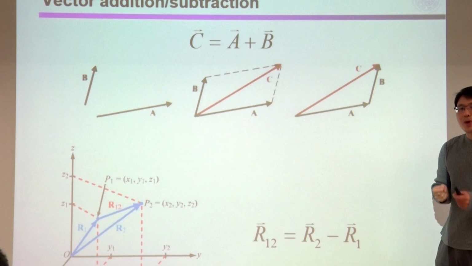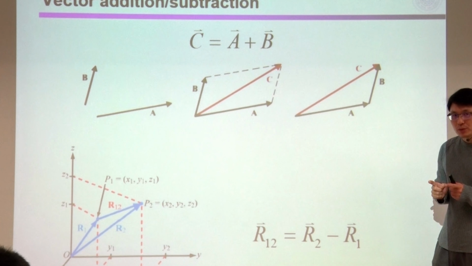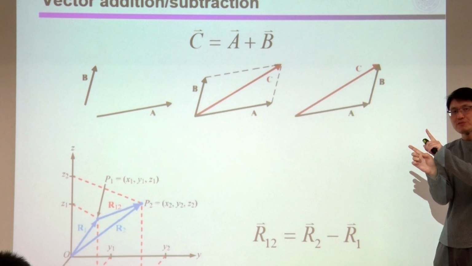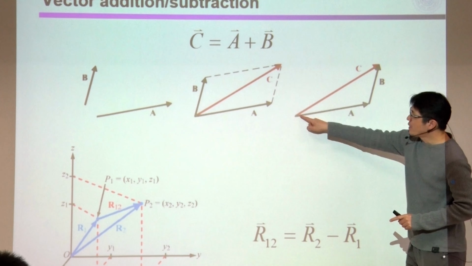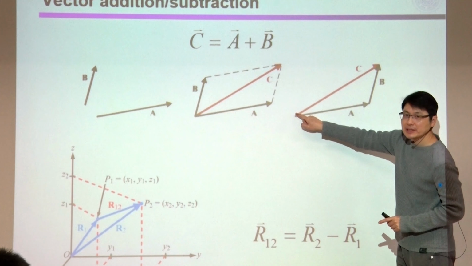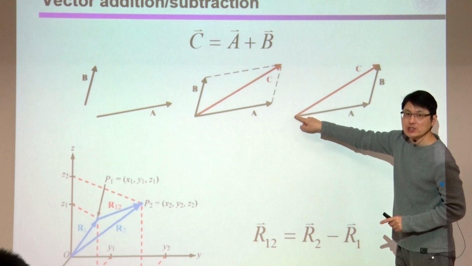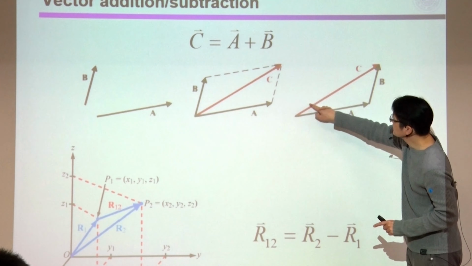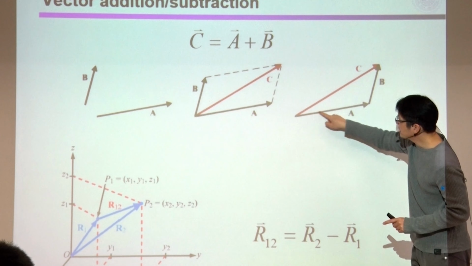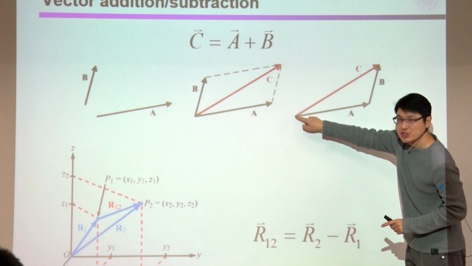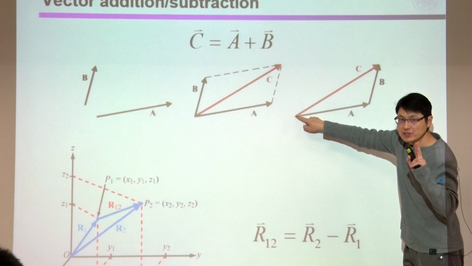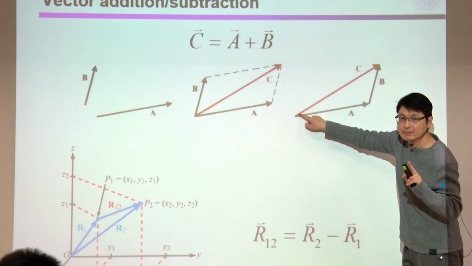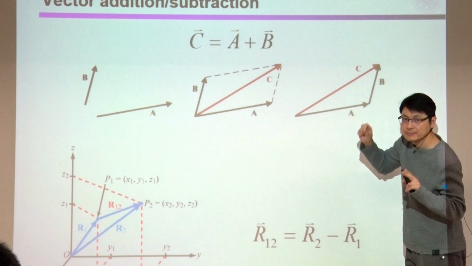But when you subtract, remember, when you subtract two vectors, you have to have the starting points meeting together. For example, C vector minus A vector, the starting points of the two vectors are now coinciding. They overlap.